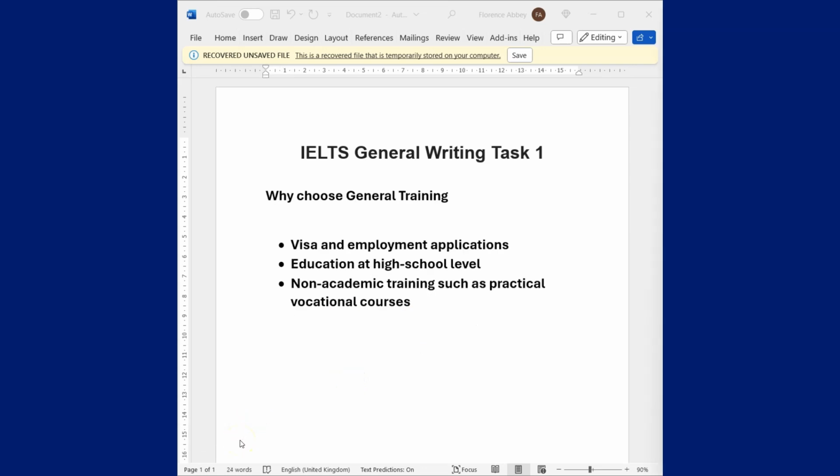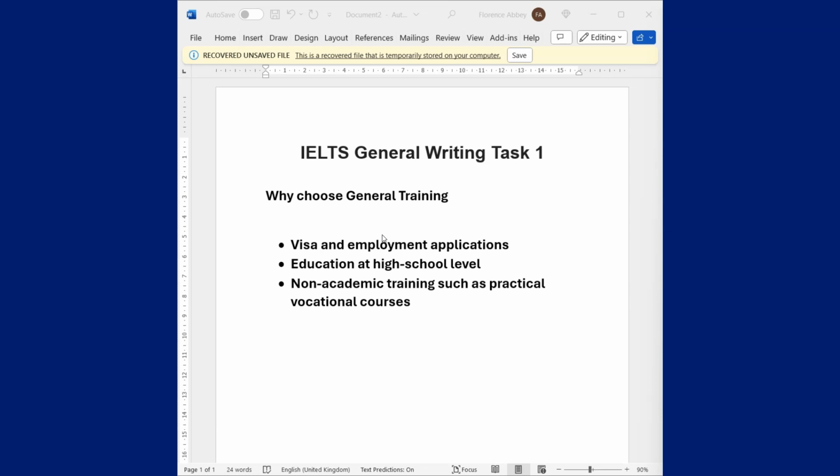In what circumstance should you choose the general training test when it comes to the IELTS? The first thing you should notice is that the general test is for those who want employment applications. So if you want employment, basically for non-professional jobs, then you have to write the IELTS general training test.